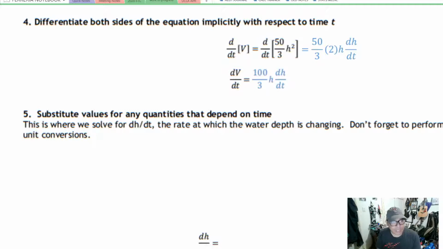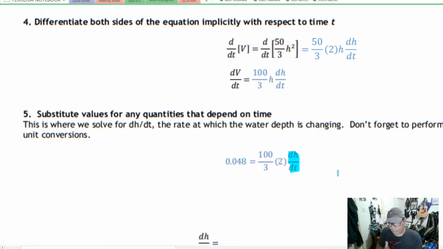So dv/dt, well, we know how fast the volume of water is increasing because we know how fast our hose is going. We had that at 0.048. 100 is constant again. Currently, h is at 2 meters, and dh/dt is unknown.